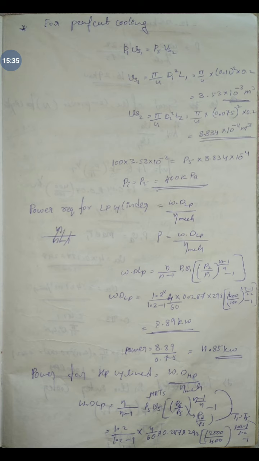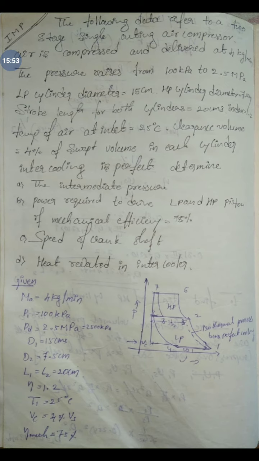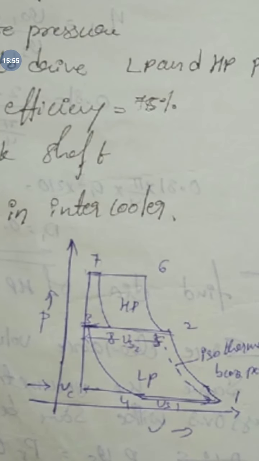Now power required to drive the HP cylinder is nothing but work required to compress the air in the HP cylinder divided by mechanical efficiency. So here we know that the process starts from 5 to 6 compression, 6 to 7 delivery, and 7 to 8 free expansion.